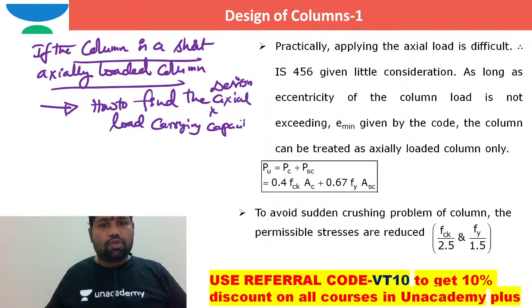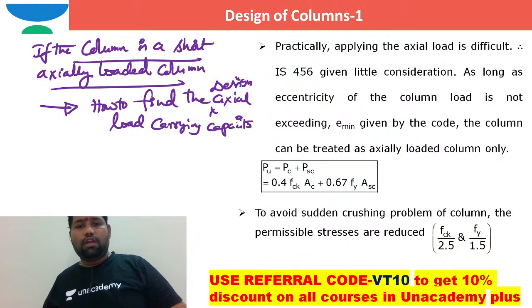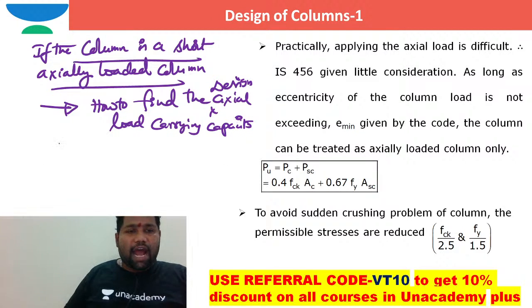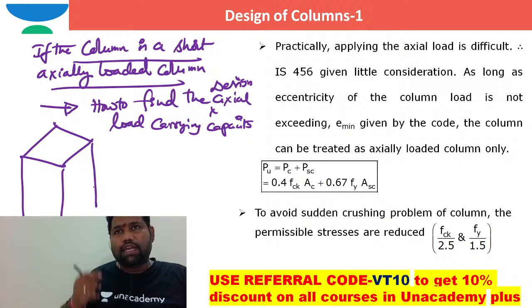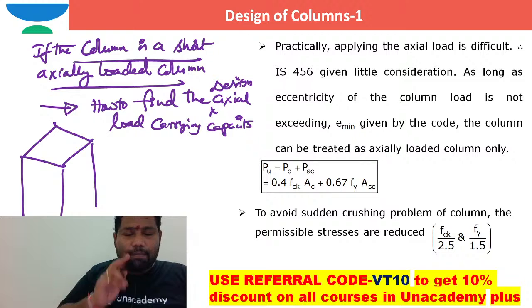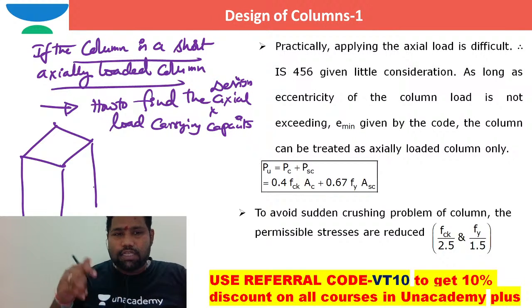So the load carrying capacity for the column, if you take an RCC column, I hope you know the RCC column has got two materials. One is concrete, which is under compression, and steel, which is under compression, right? So there are two materials.